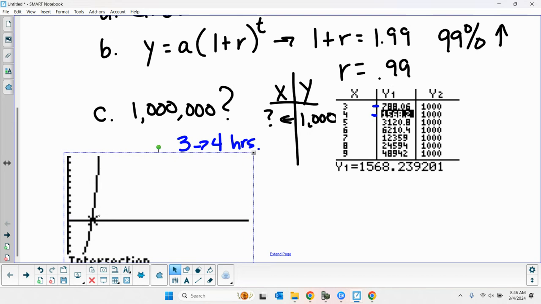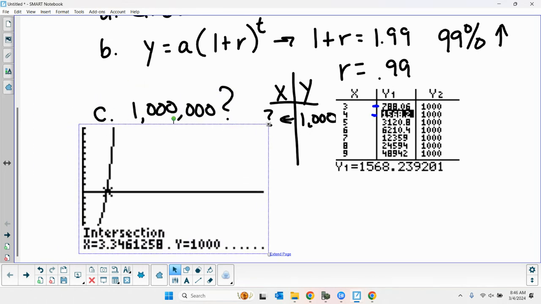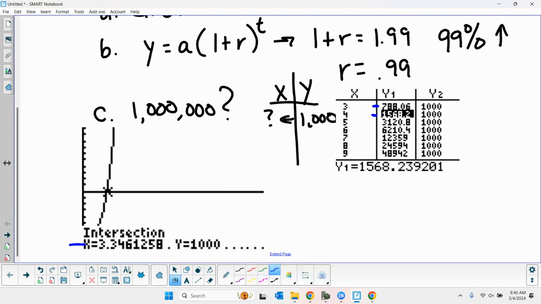I'm trying to get it under there, but that's all right. We'll just cover up the 3 and 4. All right, 3.35 hours. So that's more accurate than the table. Okay.